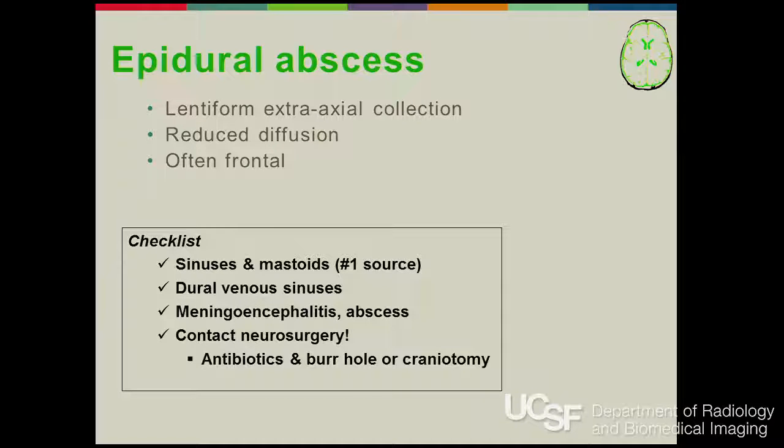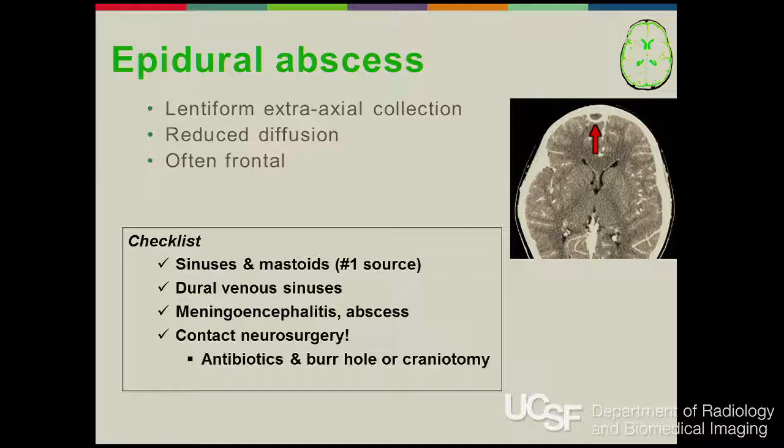In our checklist, don't forget to look at the dural venous sinuses, as in this case where we saw an infectious thrombosis. Also interrogate the brain carefully with MRI. Make sure you're not missing a secondary meningoencephalitis or a frank abscess in the brain. And contact neurosurgery right away. Pick up the phone. This is a surgical emergency.